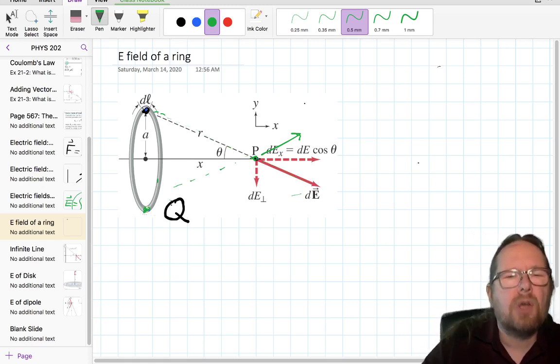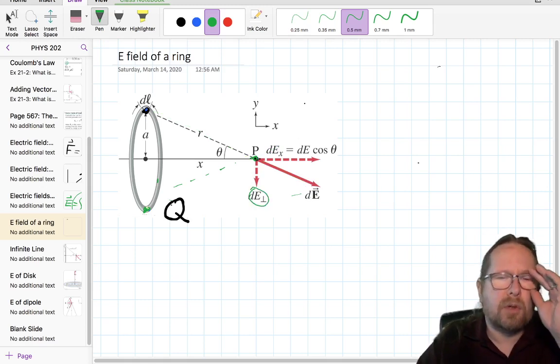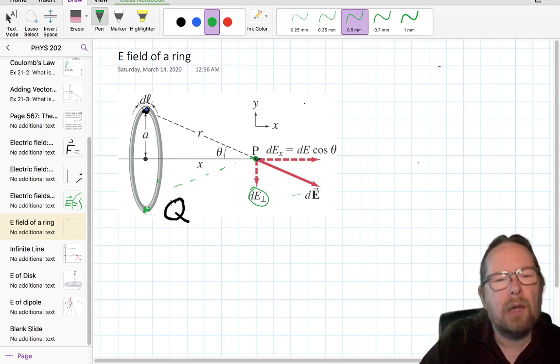So the first step we usually take in these problems is to look at the symmetry of the situation, to ask ourselves, what can we ignore? In this case, we can ignore what your diagram in your book calls the perpendicular component of the electric field, and only consider the horizontal component, the x component.